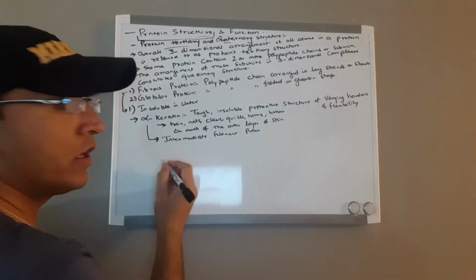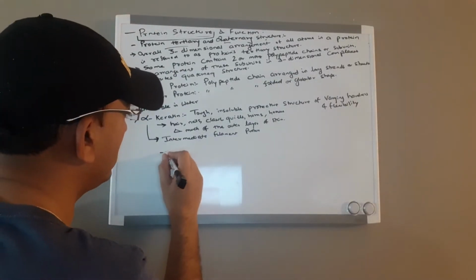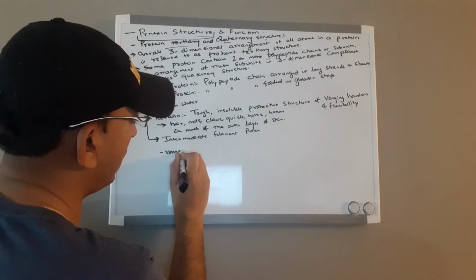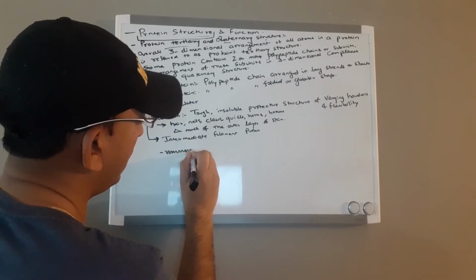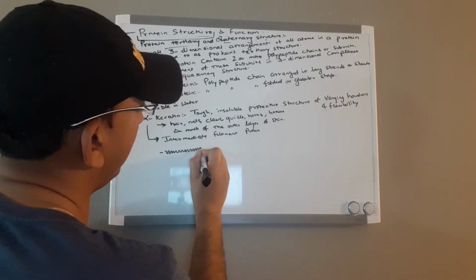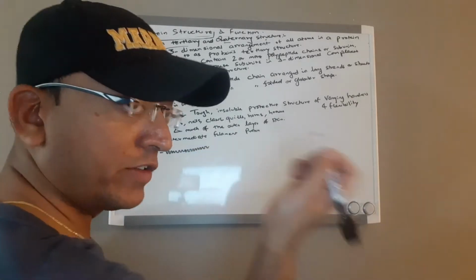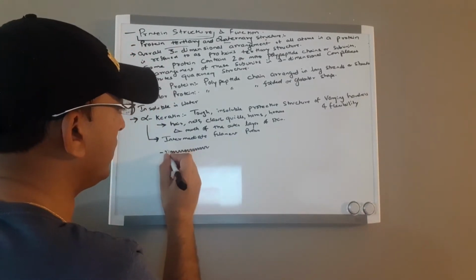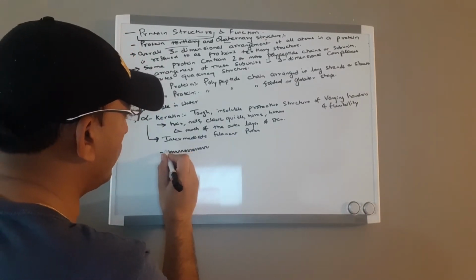So I will just draw a two-dimensional picture here. For example, this is one alpha helix, and there will be another one overlapping.